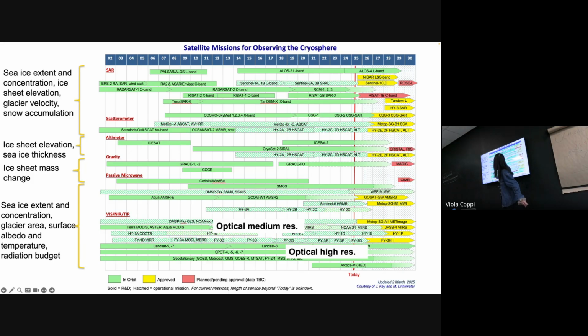Here we have passive microwave, including SMOS, SSMI, AMSR-E and AMSR2. A little bit up is gravity, including GRACE and GRACE-FO. Elevation changes can be detected by altimeters, including CryoSat-2, ICESat-2, and the future CRISTAL. For scatterometers, we have ASCAT, HSCAT, and others.